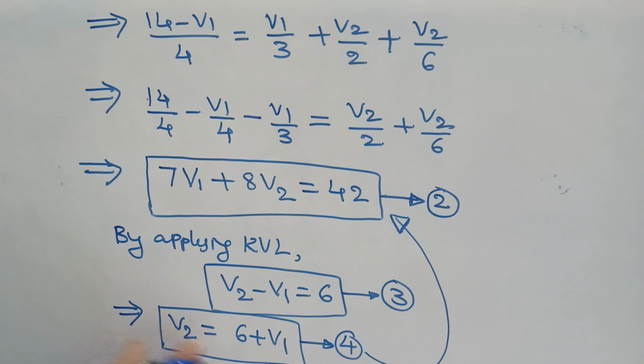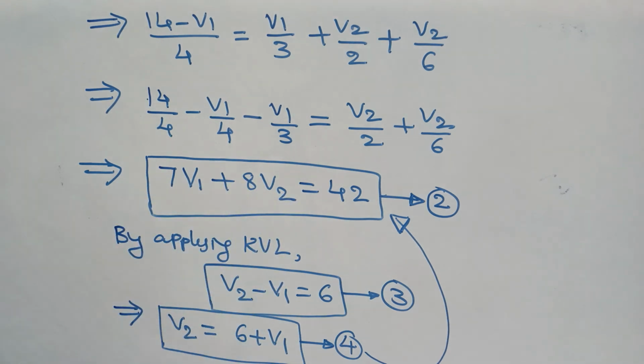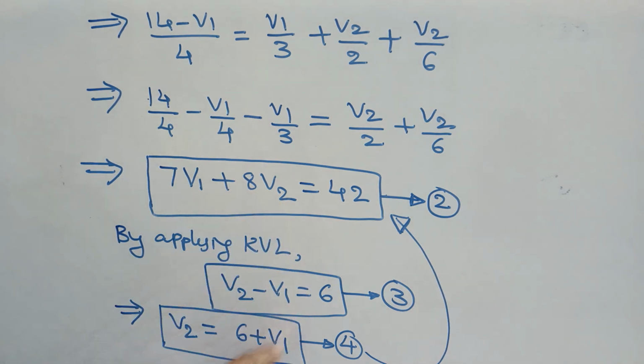Substitute this V2 value 6 plus V1 here. So if you substitute there, what you will get? You will get the value for V1 actually. You substitute V2 is equal to 6 plus V1 here, 8 into 6 plus V1.